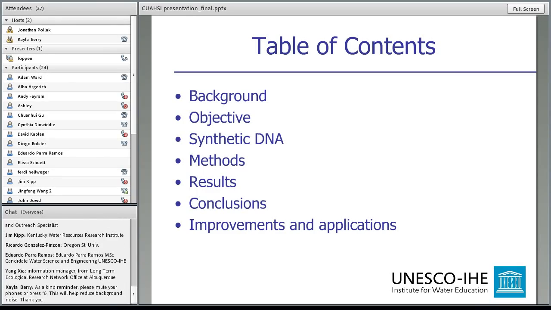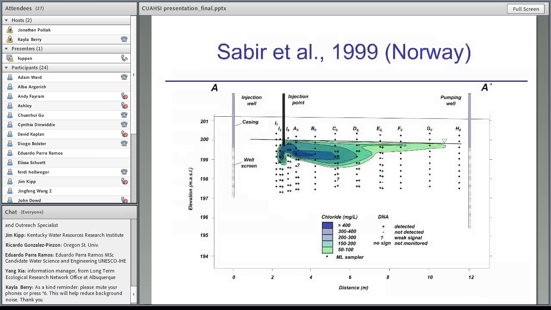What are the dimensions of DNA and how to determine DNA concentrations in samples. What did we do? I'll briefly talk about the methods that we used, the results and some conclusions, and then finally how can we improve what we have so far, and how can we hopefully apply in the near future this quite nice technique.